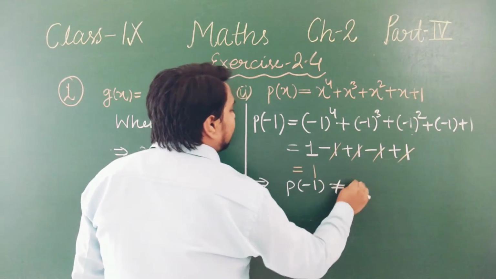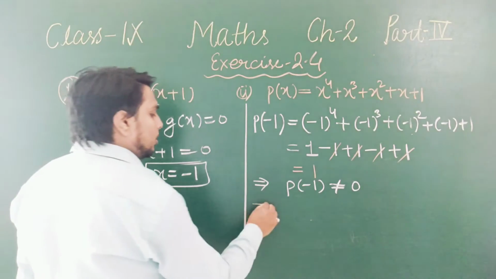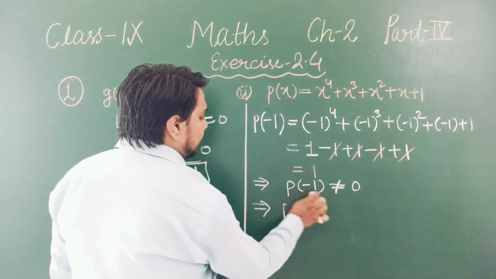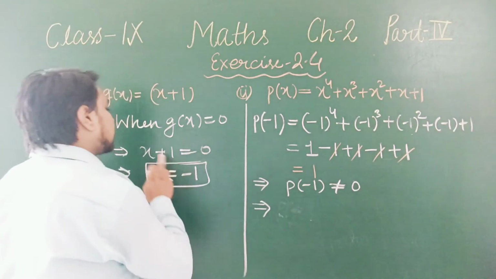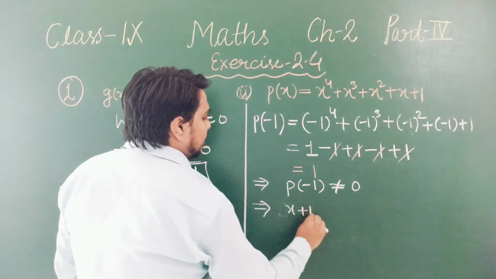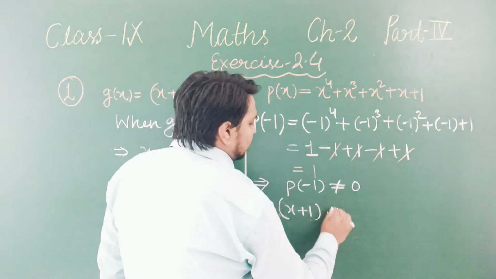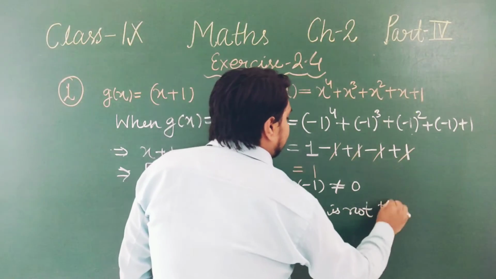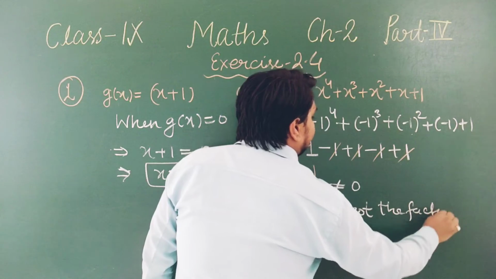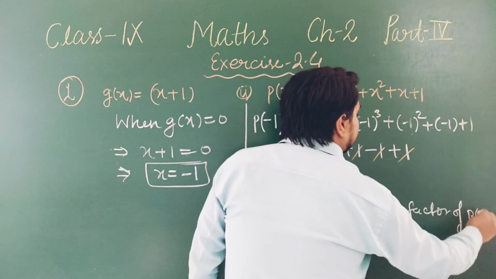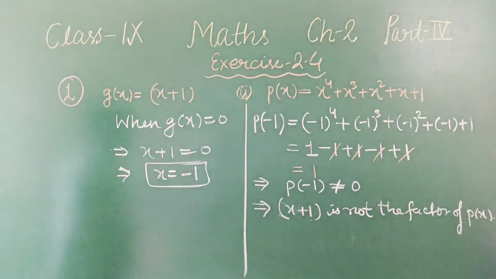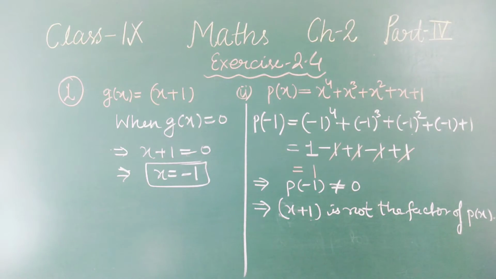So if 1 is coming, this implies that p of minus 1 is not equal to 0. And if it is not equal to 0, then we can say that x plus 1 is not a factor of p(x). In the same manner, you can solve the rest of the parts also.